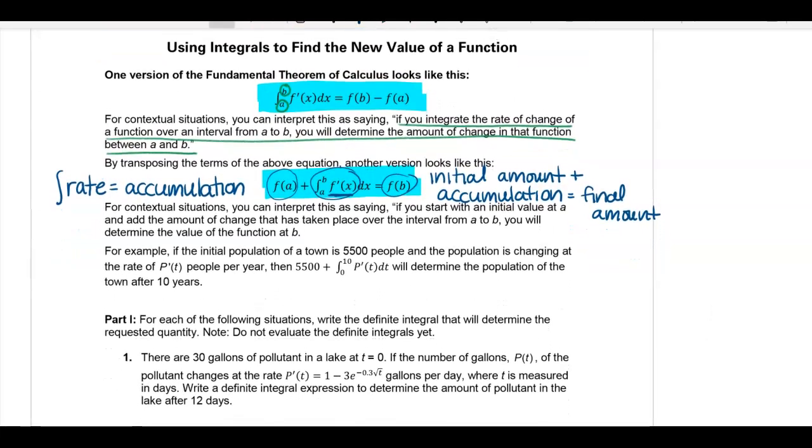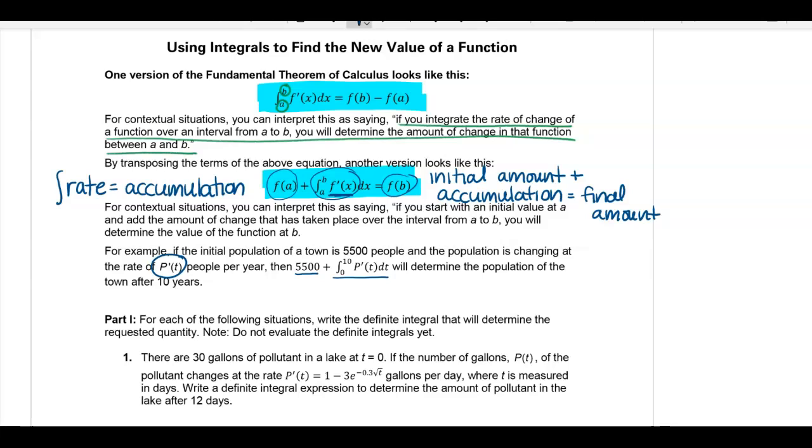An example here: you have a town, initial population is 5,500, so that'll go here. Population is changing at this rate, p prime of t people per year. Then if you integrate that rate from 0 to 10, that'll be the change over 10 years. So you start with 5,500 and add the accumulation.